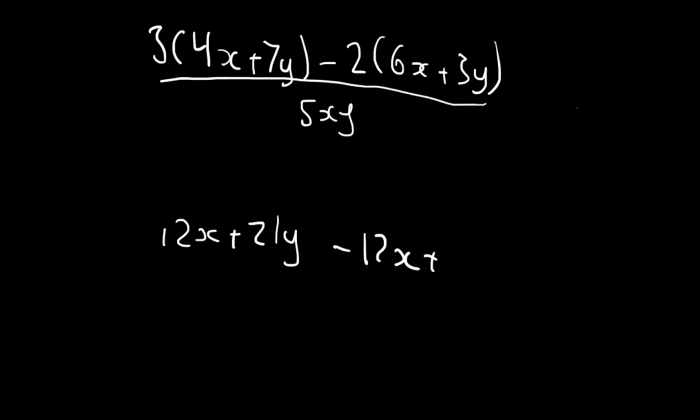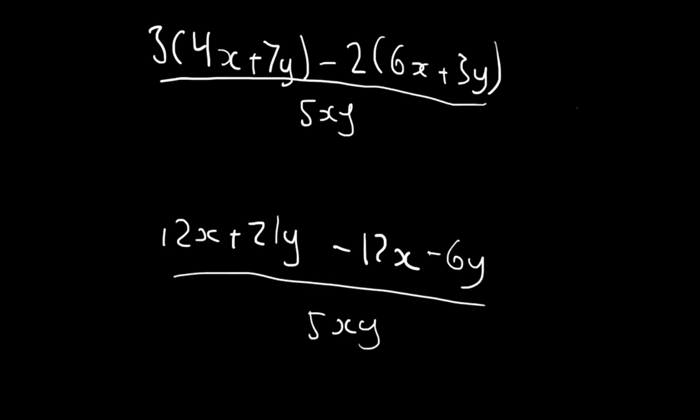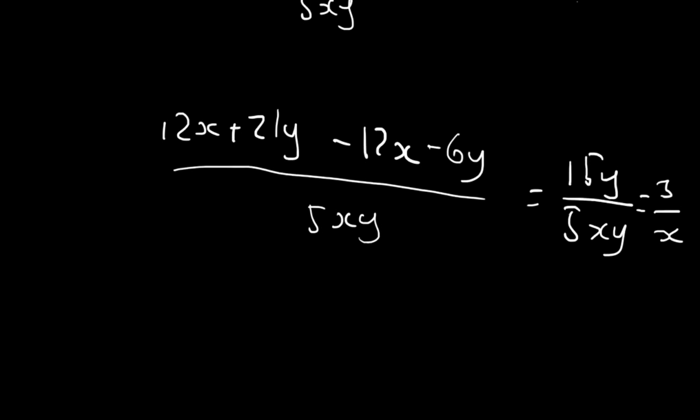Oh, sorry, that was supposed to be take away 6y, all over 5xy. Well, the 12x cancels out with 12x, and 21y take away 6y would give you 15y, all over 5xy. And now we can see that 5 goes into 15 3 times, the y's cancel out, and we have x as the denominator, and that is in its most simplified form.